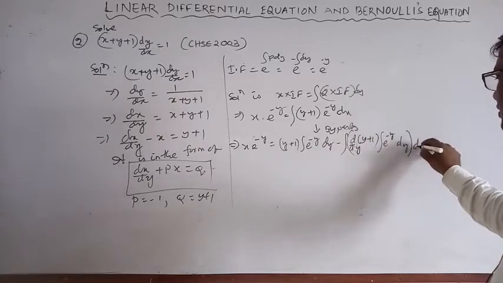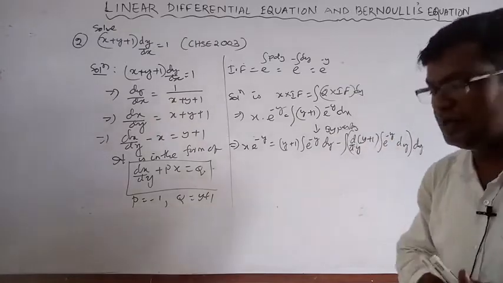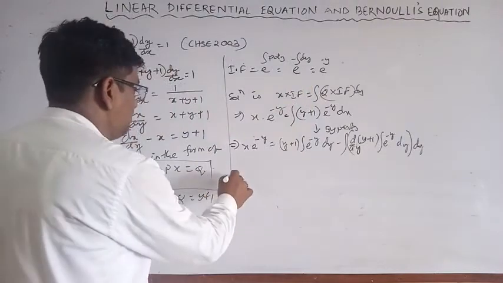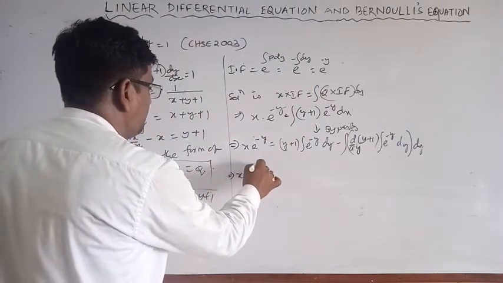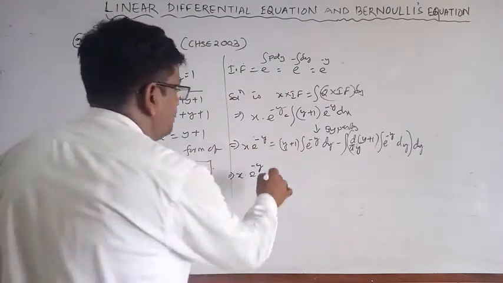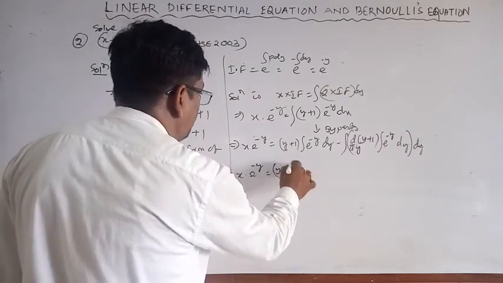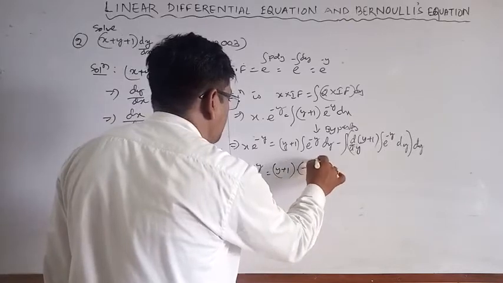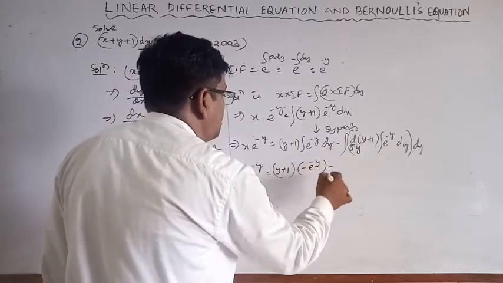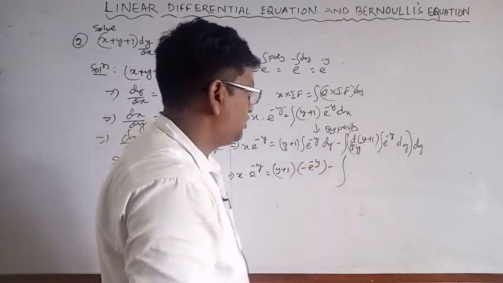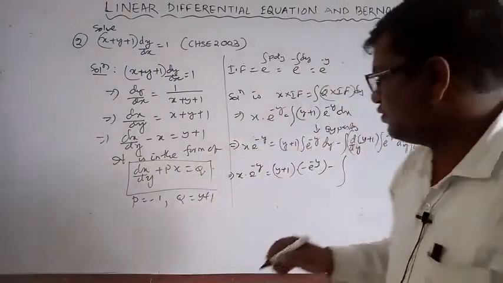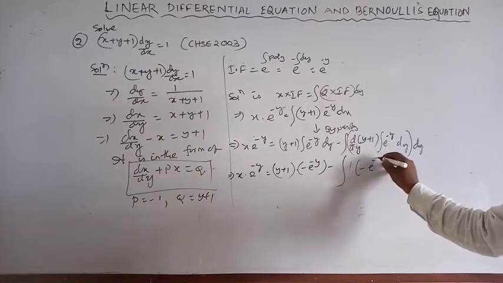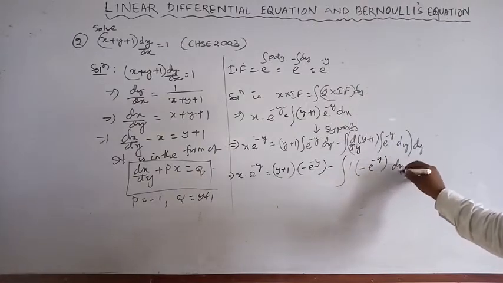This is the by parts method. So x e^(-y) equals (y + 1) times (-e^(-y)) minus the integral of 1 times (-e^(-y)) dy, since the derivative of y + 1 with respect to y is 1.